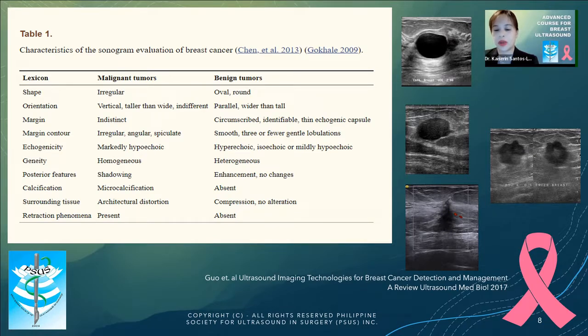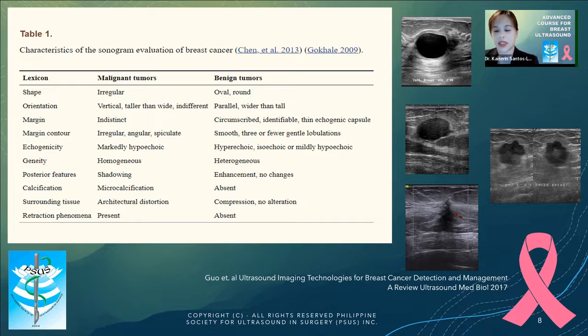Also, to determine the appropriate management, whether observation or intervention, and if intervention, what type, we combine all the characteristics that we see of the images to arrive at BI-RADS.